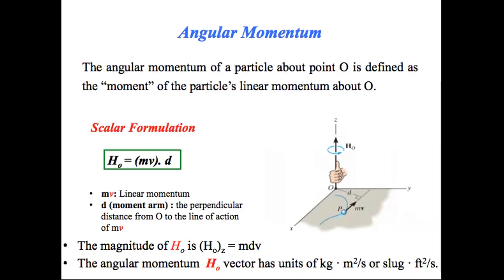The common units for angular momentum H are kilogram times meter squared per second, or slug times feet squared per second.